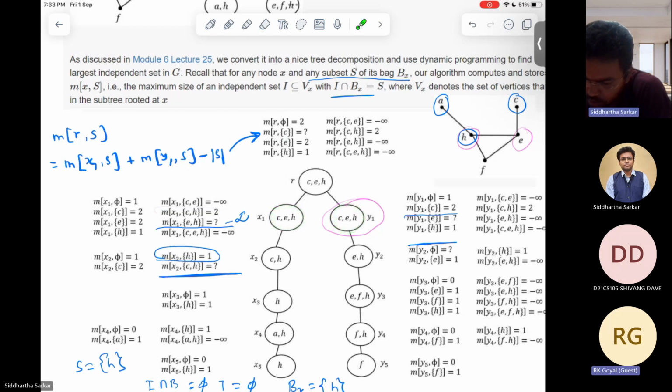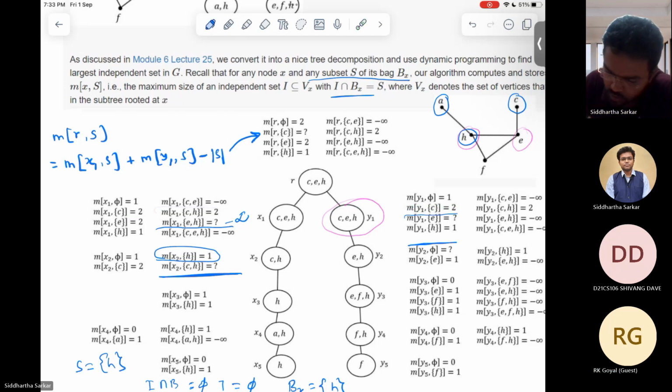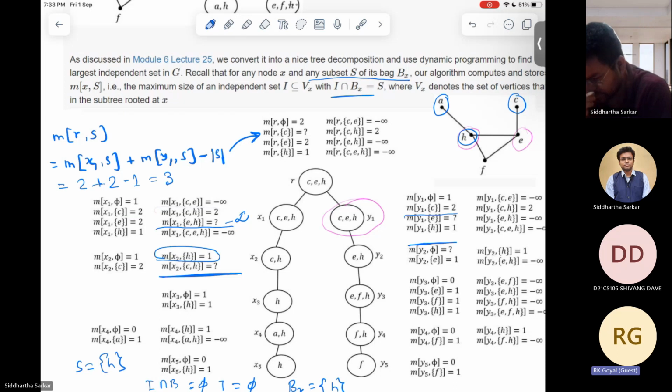So what is x1 comma C? X1 comma C is 2, and what is y1 comma C? That is also 2, minus the cardinality of C, which is 1. So that comes out to 2 plus 2 minus 1. So that's 3.